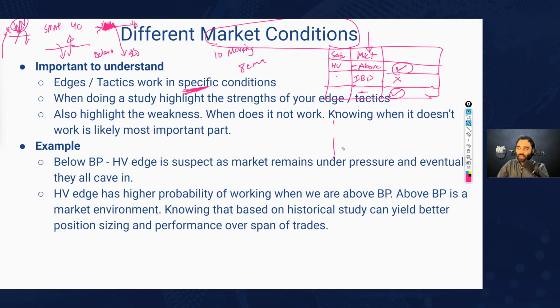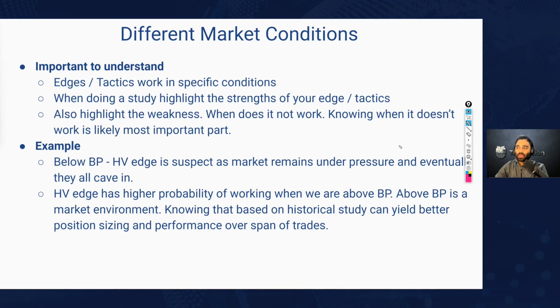And over time, you'll see that this thing is working 60% of the time when the market is above the BP, or above the 8 EMA, or above the IBD uptrend definition, and it's not working the other 40% of the time. In that case, that's a powerful stat. It will lead again to position sizing, conviction, performance, and all those good things that allow you to make money in the markets.